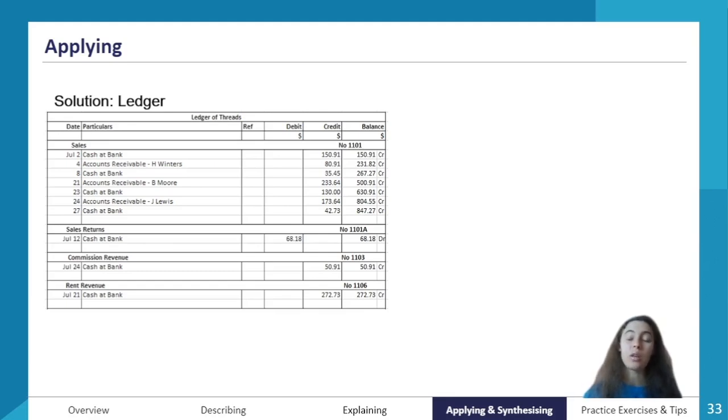So making sure that you've got your amounts in the debit or credit column correctly. So again, we do the opposite for the particulars, but everything else is just from the sales. So not only the amount that was next to sales, but also the nature of that. The sales that we just saw in that transaction were in the credit column for $150.91, and that's exactly what we've done here.